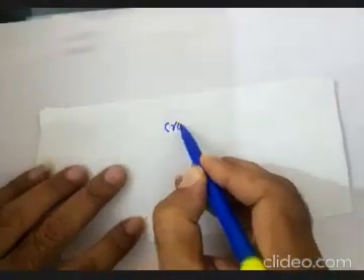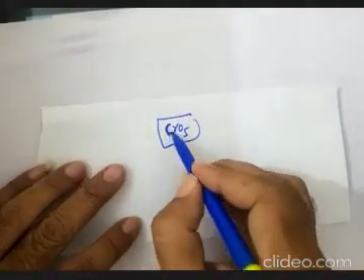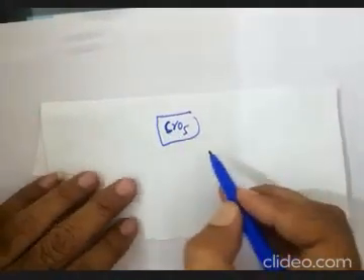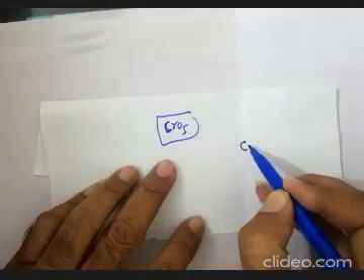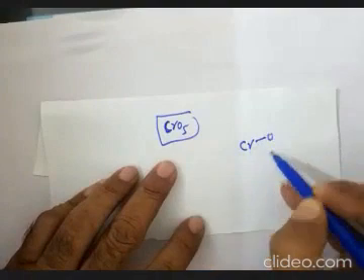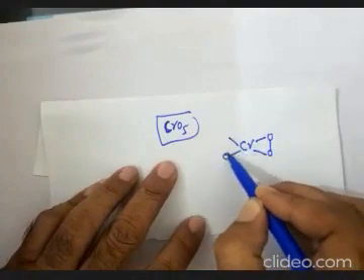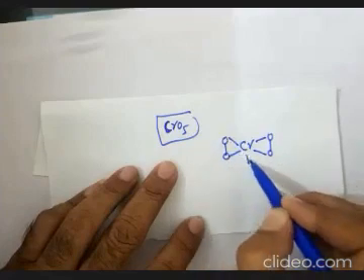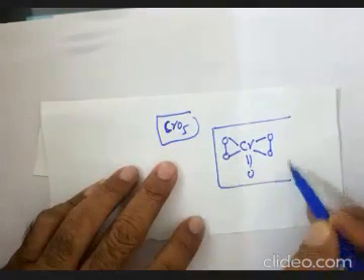CrO5, chromium peroxide. Just see the structure of chromium peroxide.